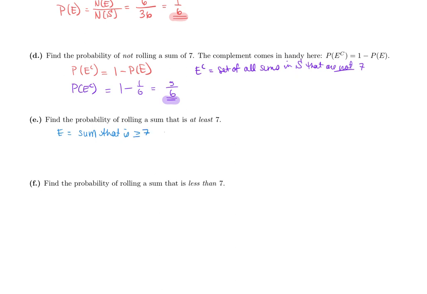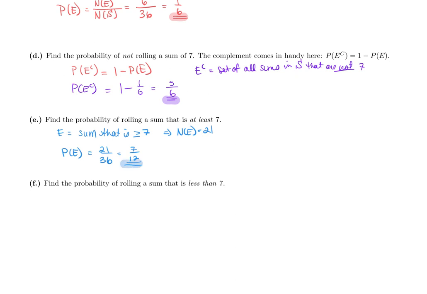And the number of ways we can do that, we just counted up, is 21. So our probability of this event occurring is 21 out of 36. They're both a multiple of 3, so you can reduce it down to 7/12. And that is our probability of rolling the dice and getting a sum that is at least 7.